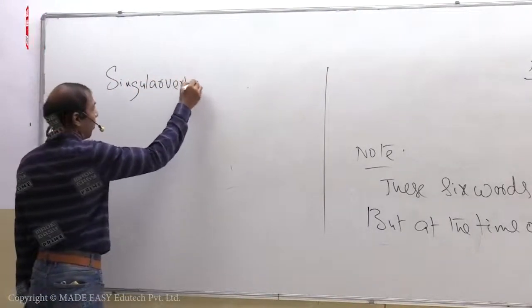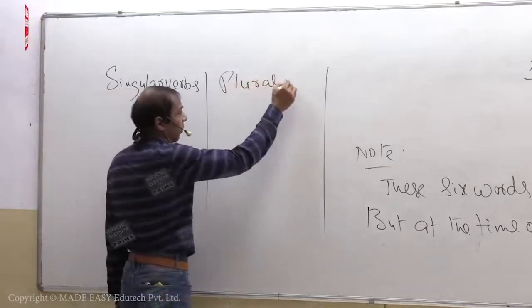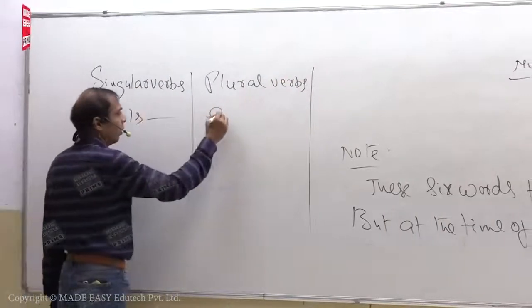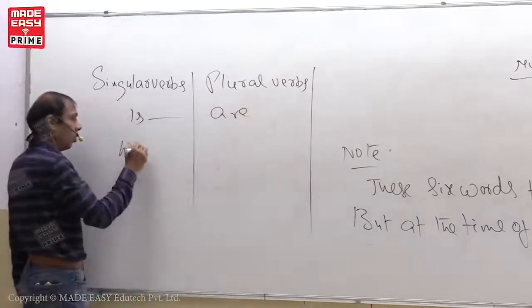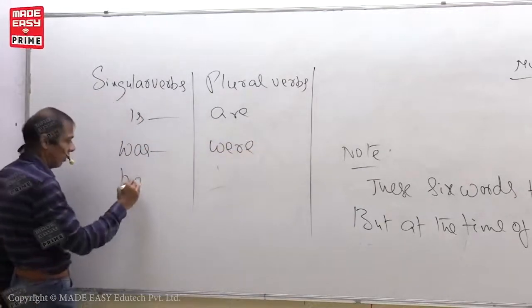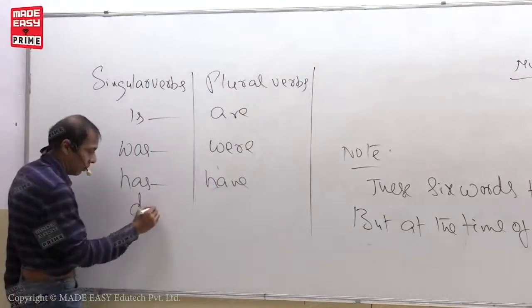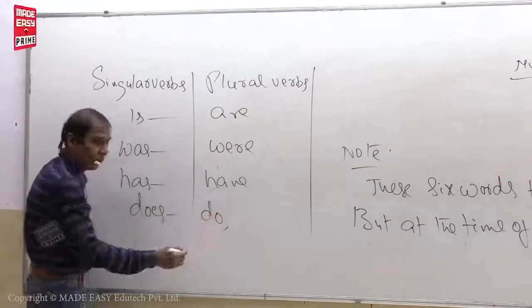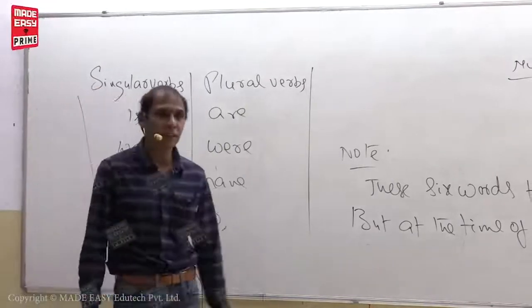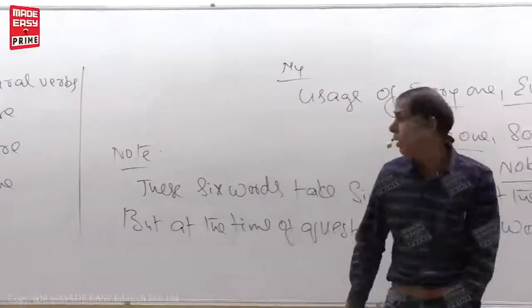Singular verbs, plural verbs: is, are; was, were; has, have; does, do.